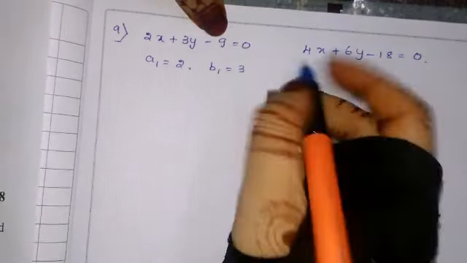Question number 13. Write the coordinates of the midpoint of the line segment joining the points A (x1, y1) and B (x2, y2). This is nothing but the midpoint formula from coordinate geometry. So the coordinates of the midpoint are (x1 plus x2) by 2, comma, (y1 plus y2) by 2.